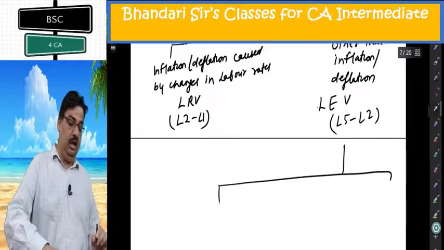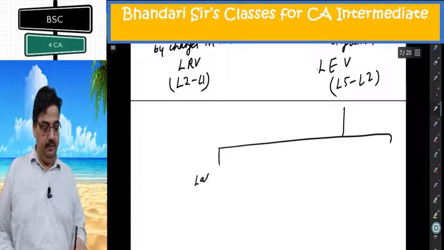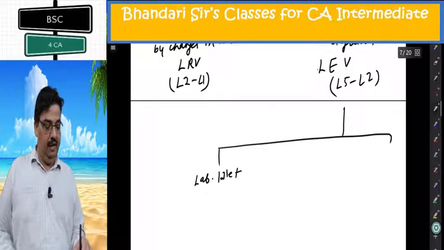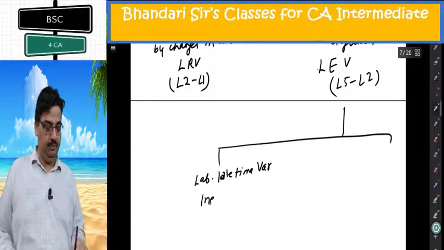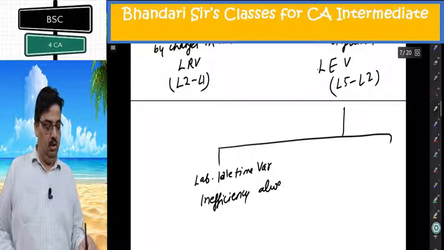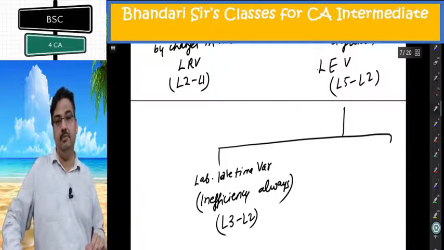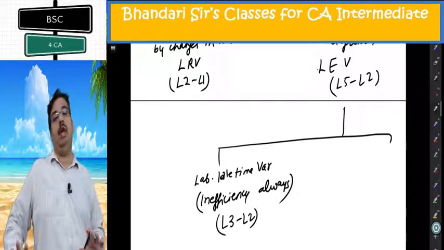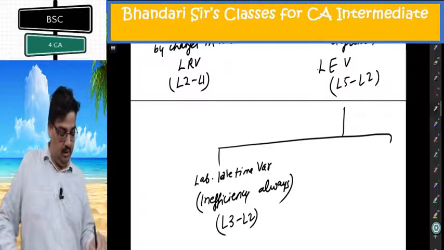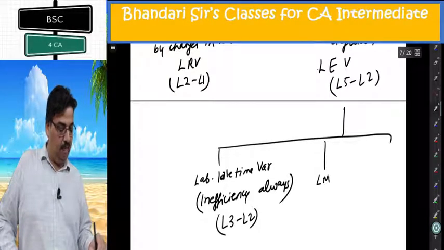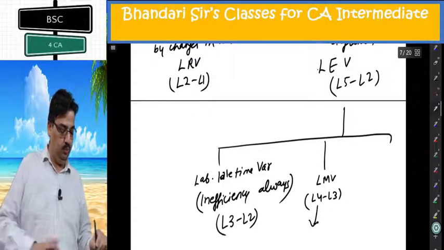Now, efficiency is further divided. Labor idle time variance, which is always inefficiency. It will always be an adverse variance, can never be a favorable variance in idle time. Either 0 or negative, cannot be a positive variance. Labor mix variance, what does it show?